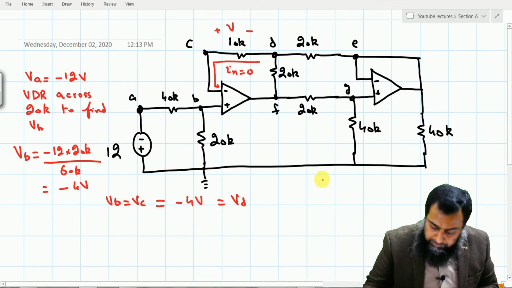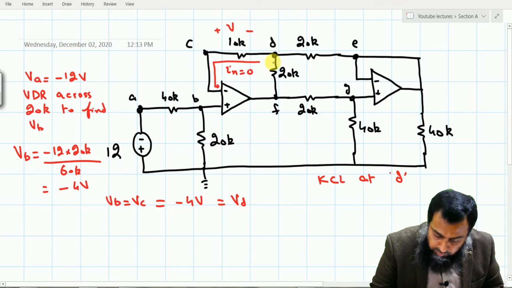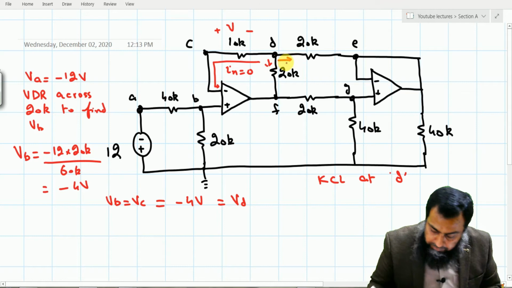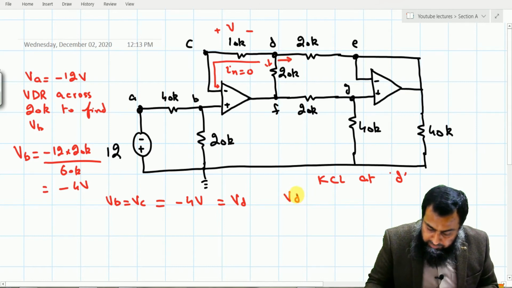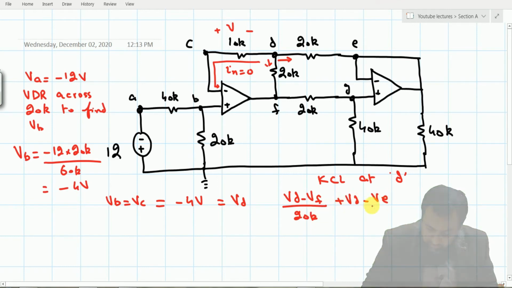We can now apply Kirchhoff's current law at node D. We have a current here and a current here. So (VD minus VF) divided by 20k plus (VD minus VE) divided by 20k is equal to 0.